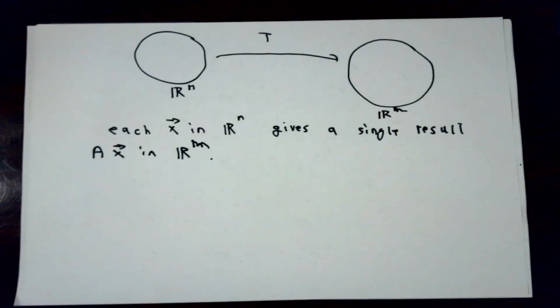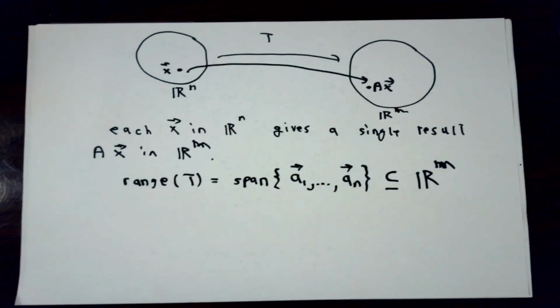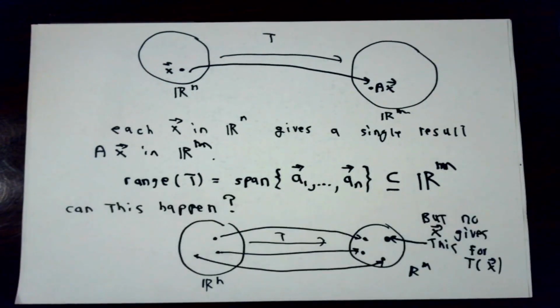Each x in the input space gives a single A times x in the output space. Since these are linear combinations of the columns of A, we know that the range of T must be the span of the columns of A. All of the columns of A are column vectors within Rm, but is it all of Rm, or could it happen that there is a b which is not the target of any A times x?